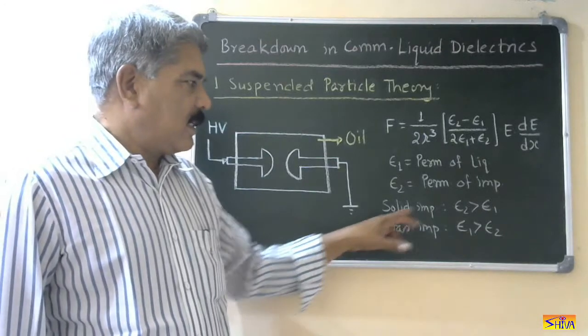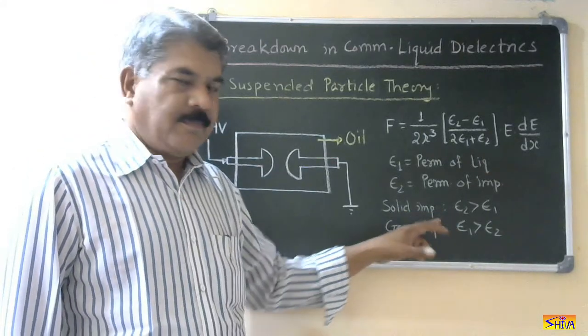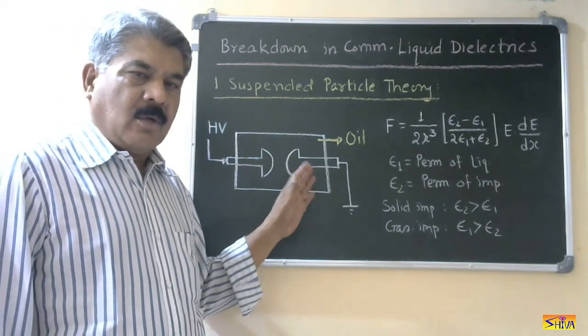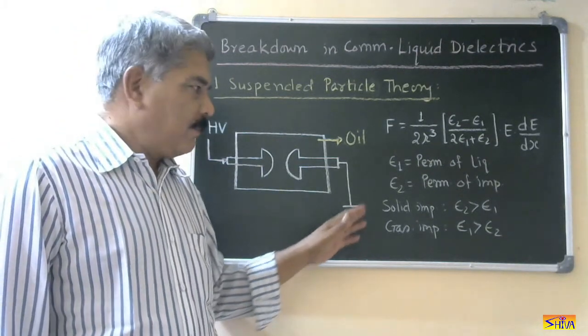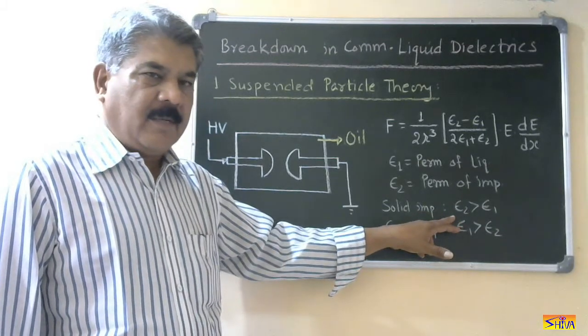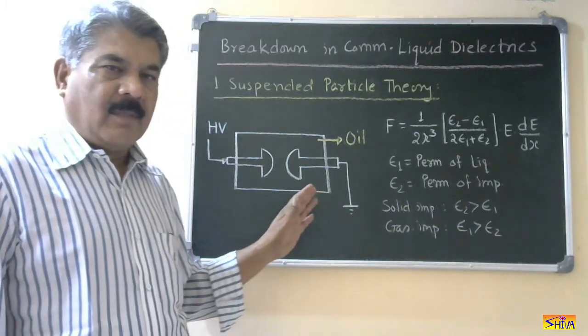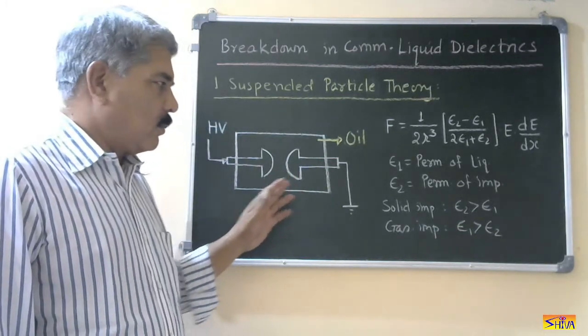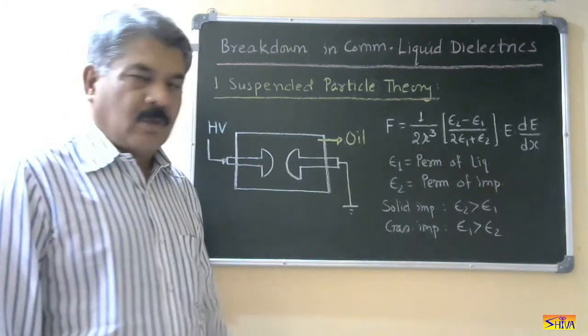If it is a gaseous particle, then it is attracted towards the lower electric field electrode, and if it is a solid impurity, it is attracted towards the higher electric field electrode. So let us assume that it is a solid impurity.